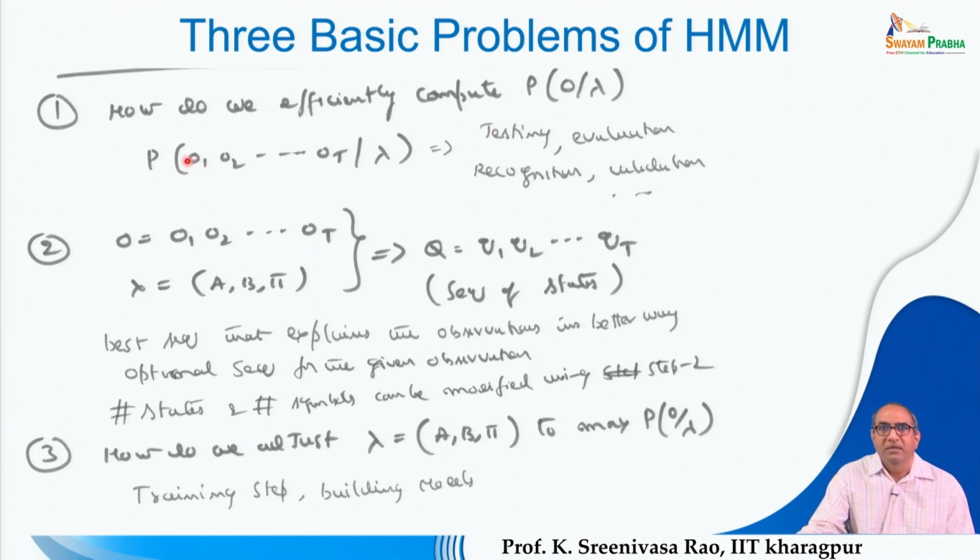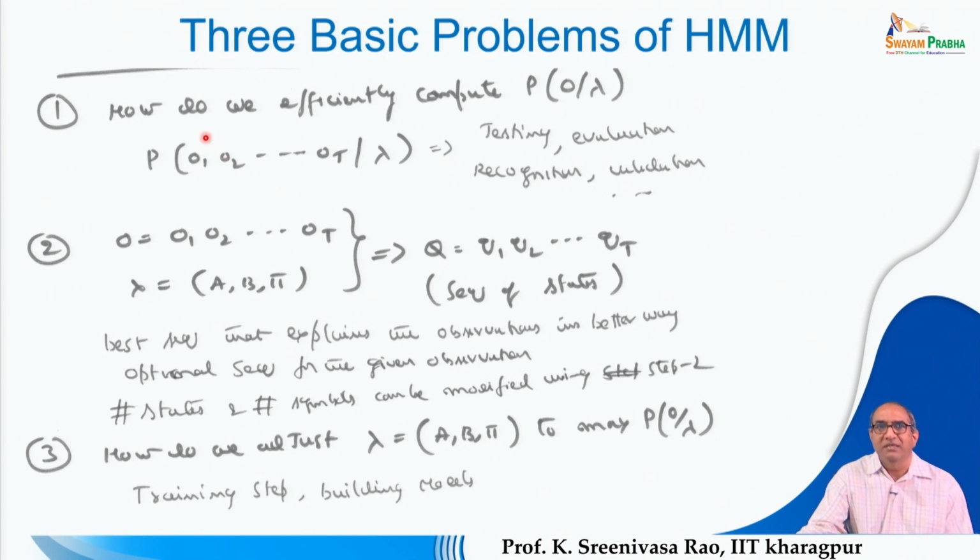And now, the first problem is: how can we efficiently compute, for this given sequence of observation vectors or observation symbols O1, O2, O3, ... OT, from the given lambda, from the given model? That means, with respect to a particular model, how do we estimate the probability of this sequence of observations from this particular model?